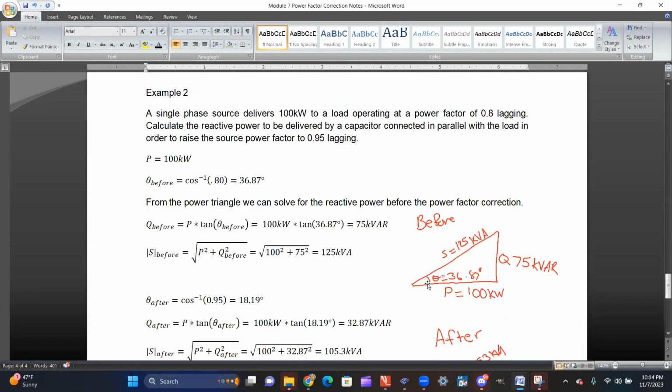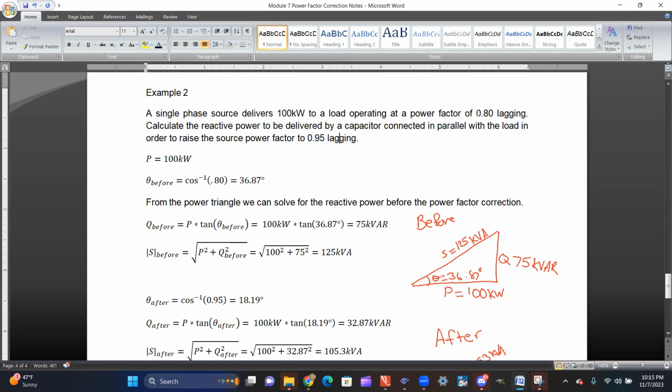So let's apply this theory to another example. In this example, it says a single phase source delivers 100 kilowatts to a load operating at a power factor of 0.8 lagging. Calculate the reactive power to be delivered by the capacitor connected in parallel with the load in order to raise the source power factor to 0.95 lagging.